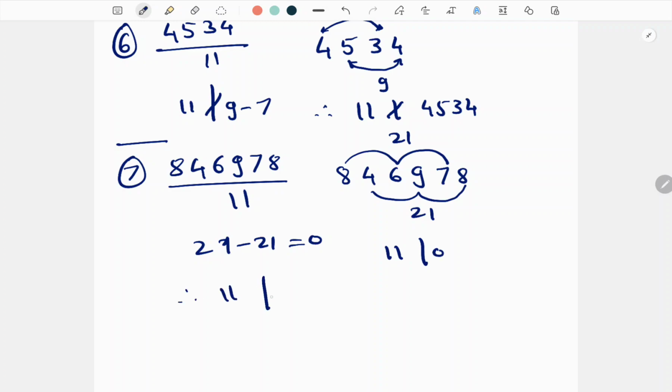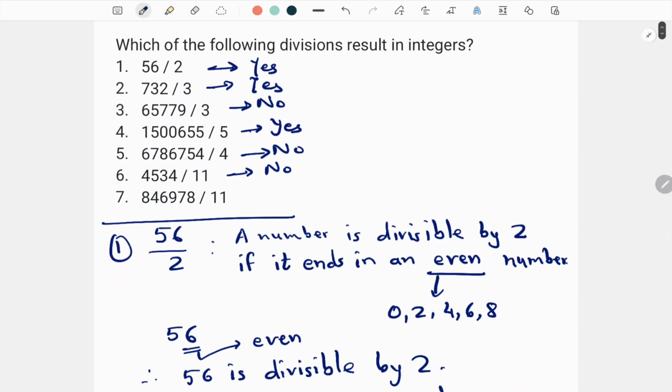So 11 divides 846978. So this number is divisible.